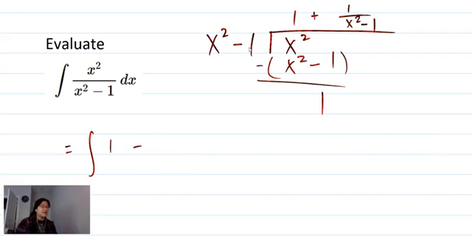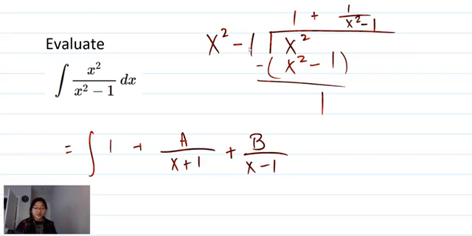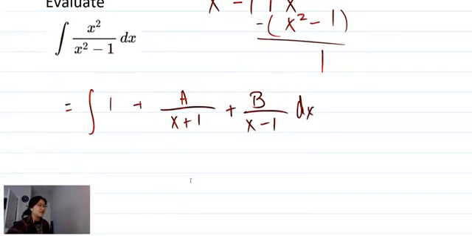So what do we have? We have plus 1 over x plus 1, a over x plus 1, plus b over x minus 1, because we can factor our denominator, and that's dx. So let's go ahead and solve that.